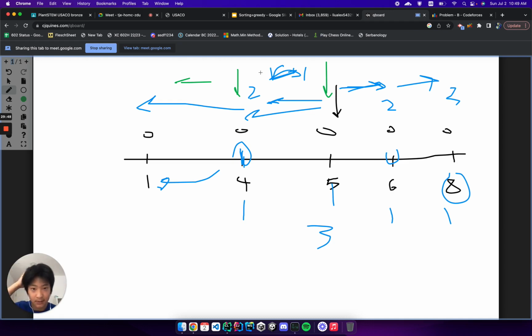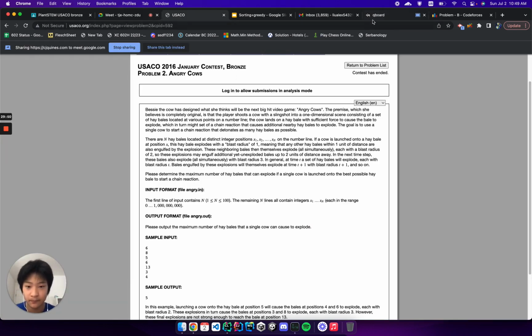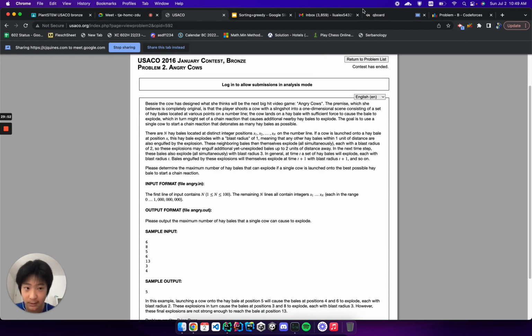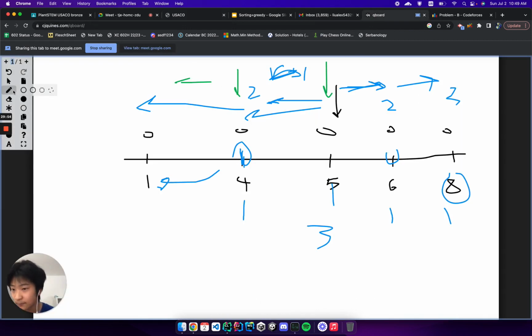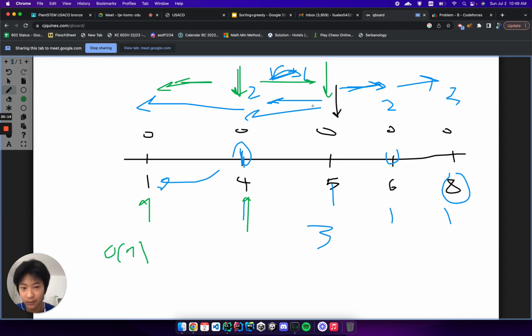The time complexity. Well, first of all, we notice n is only 100, right? So worst case, we know we iterate over all of them, right? So when we do that, that's already O of n. But notice, for example, with this one, we only go in one direction for each of them. We don't go backwards at any point when we're considering this one.